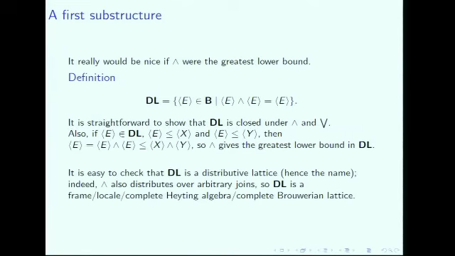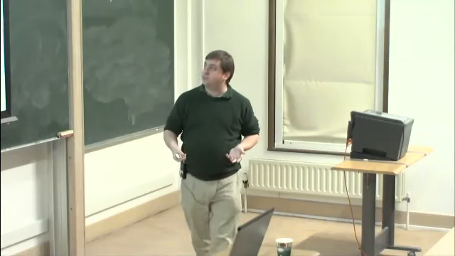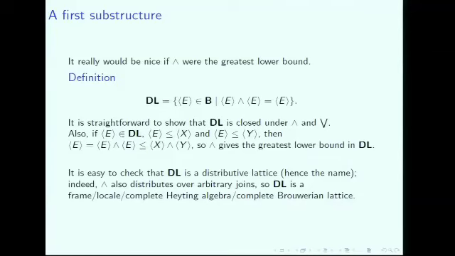So DL is what we were looking for. It's a situation where smash is the greatest lower bound, and moreover, because smash distributes over join, it's a distributive lattice. In fact, smash distributes over arbitrary joins, so depending on your favorite terminology, DL is any number of things.